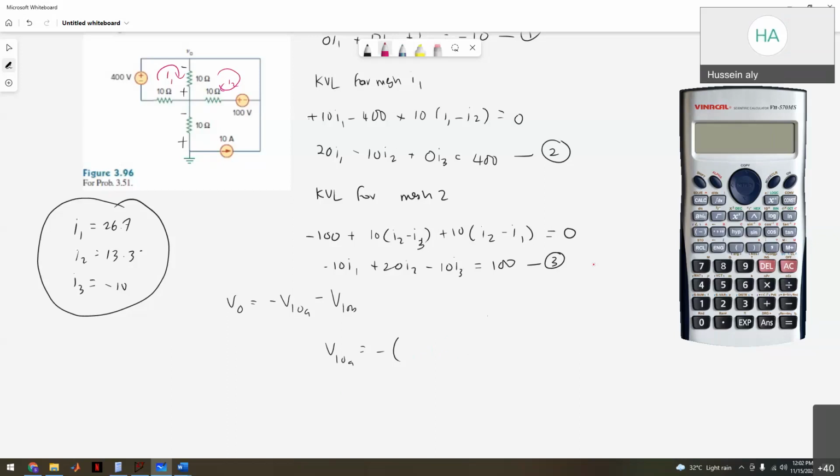Doctor, why do you put negative V10A and negative V10B? Why not positive?